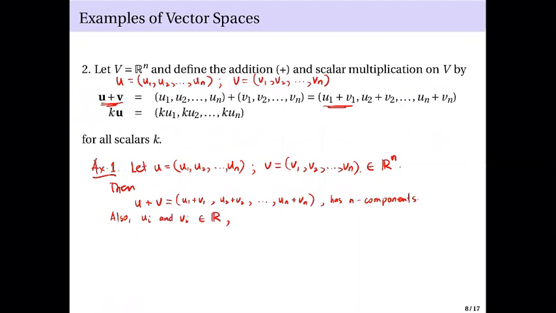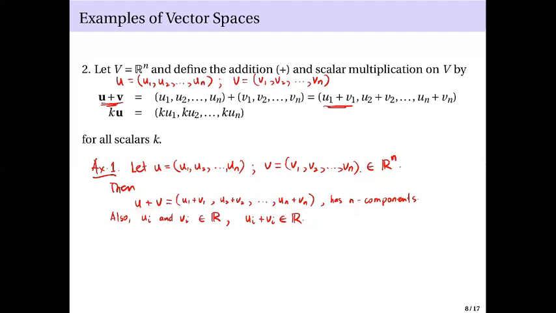And if we add these two real numbers, ui plus vi, this will also be a real number. Which means that u plus v has n components, and the components are real numbers.